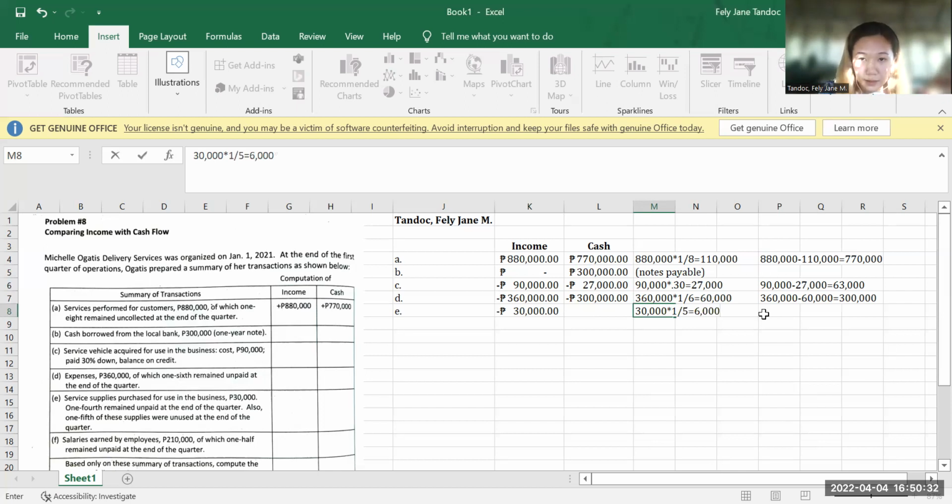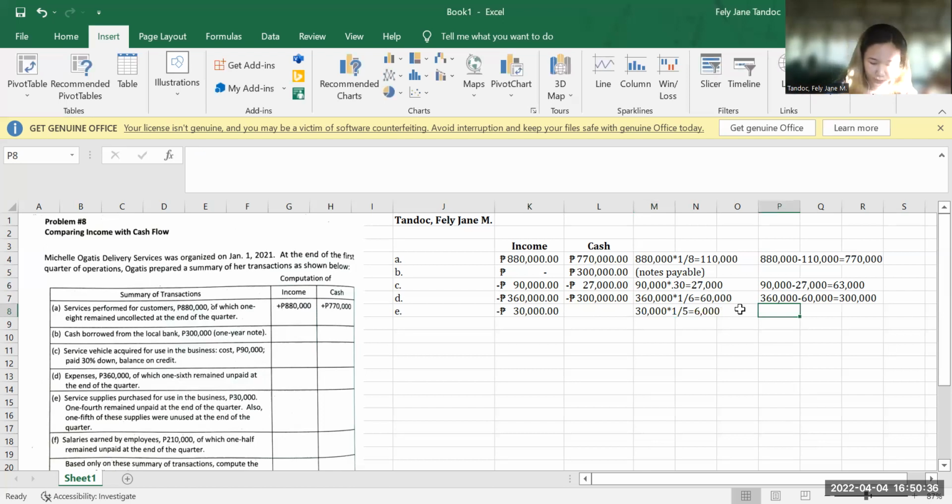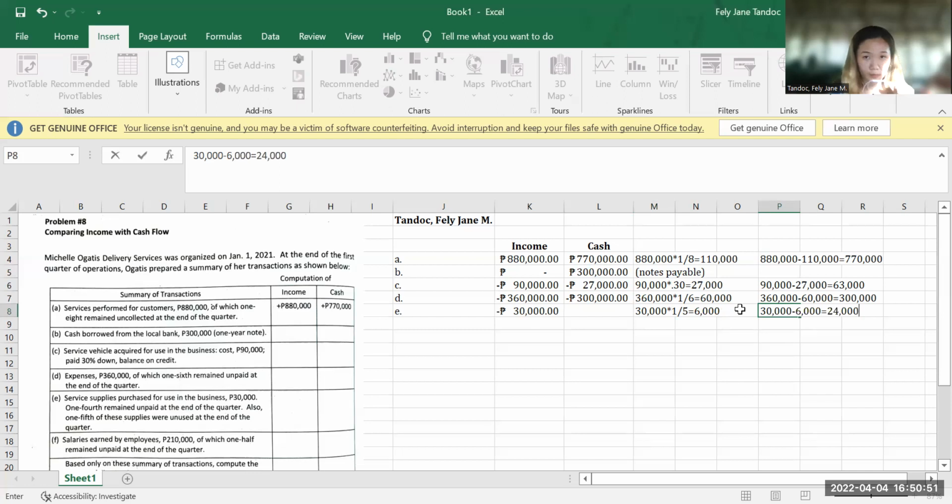So 30,000 minus 6,000 is equal to 24,000. That is my entry for income, minus 24,000.